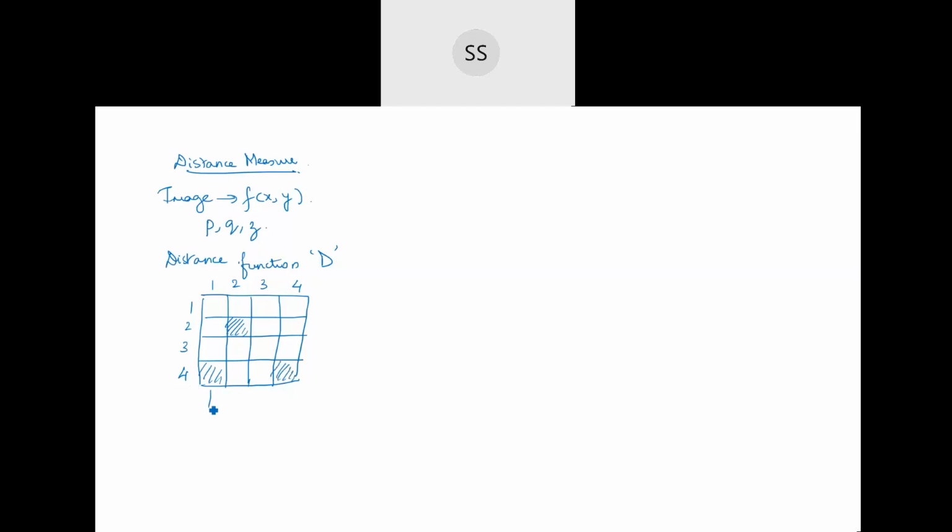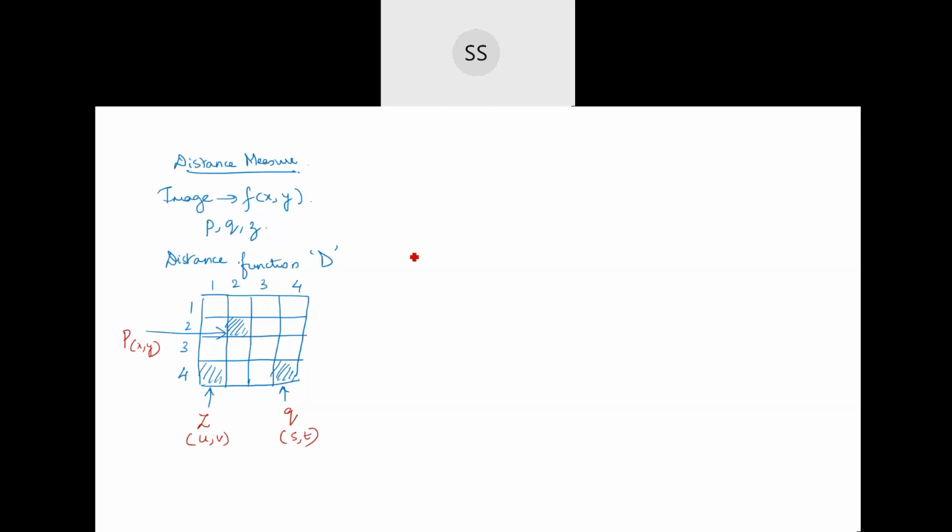You have 3 pixels that you have selected. Now let's give some names to it. You can call this P, you can call this Q, and let us call this Z. The coordinate positions can be named X comma Y, and this can be called U comma V. I'm writing it generally so that you can understand when I start doing it. So these are the pixels that I have chosen for my consideration.